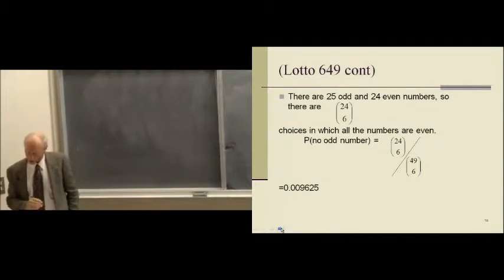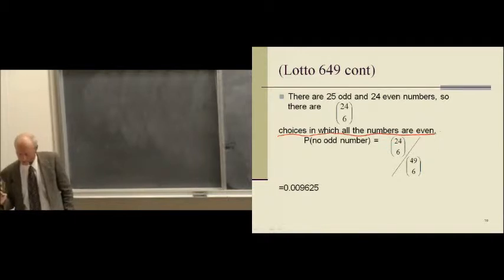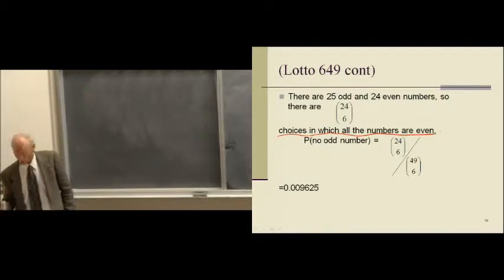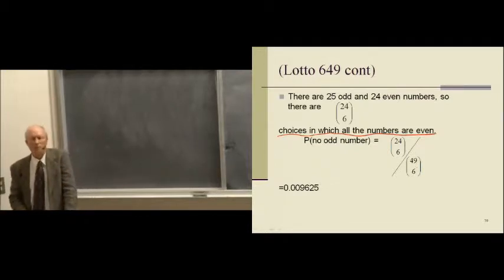In order that I draw even numbers, I have 24 choose 6 ways of doing that. 24 choose 6 choices in which all the numbers are even. The probability of no odd number, therefore, is the probability they're all even, which is 24 choose 6 divided by 49 choose 6. I figured that out. It's somewhere around 1%, but that's beside the point.